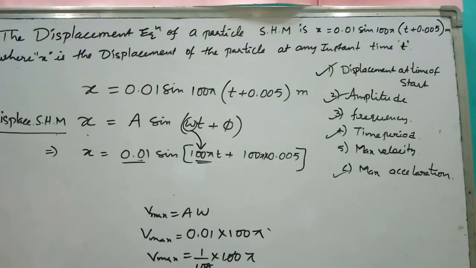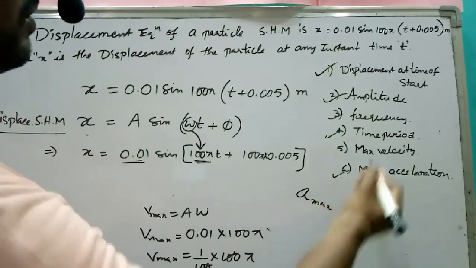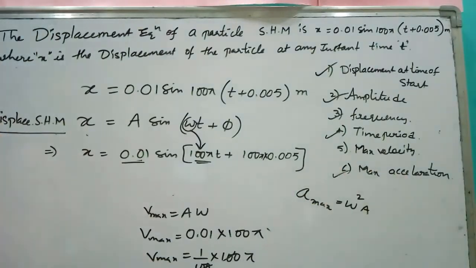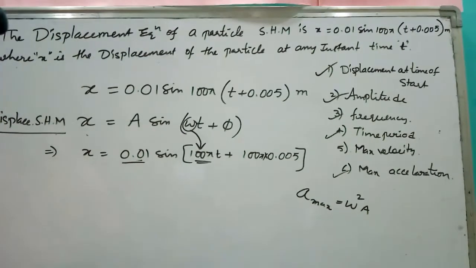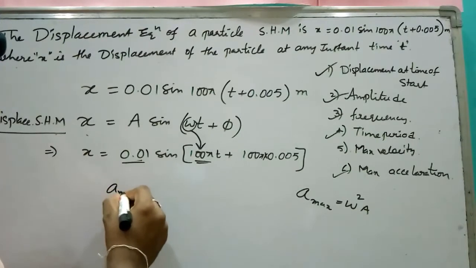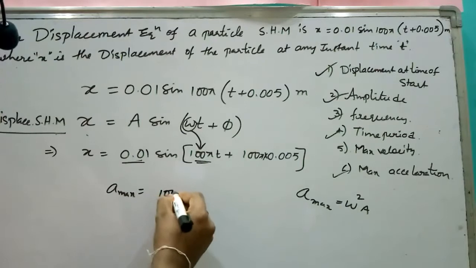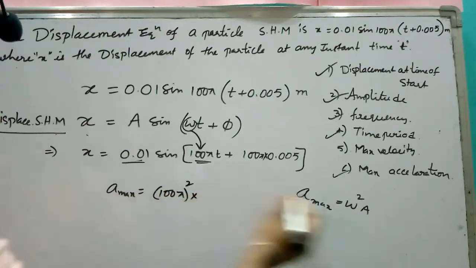Now for the same question, we have to calculate the maximum acceleration value. To know the maximum acceleration, what is the formula? A maximum equals omega square into A. So A maximum equal to omega, which is 100 pi, whole square, into the A value.